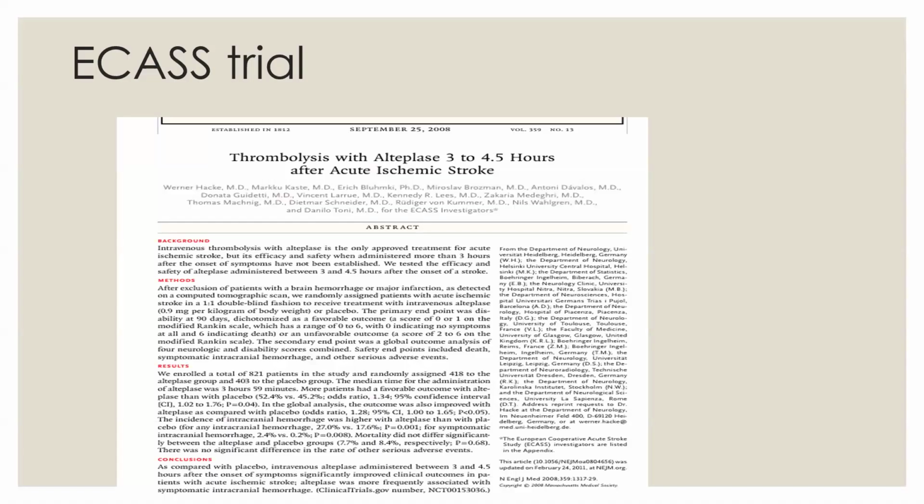Now, on the window period, on September 25, 2008 in NEJM, the ECASS trial was published, in which they extended this window period to 3 to 4.5 hours and conducted thrombolysis with alteplase. The inclusion criteria for this extended window period were different, as we have already seen in our stroke series.